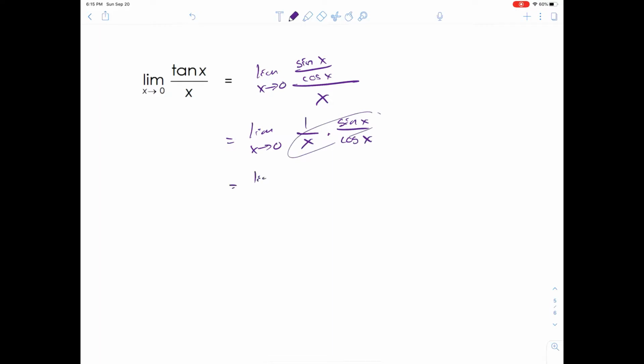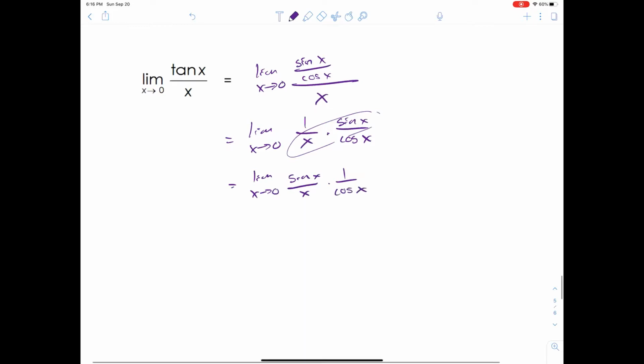So we have limit as x approaches 0 of sine x over x times 1 over cosine of x. This piece right here goes to 1. And if I do a direct evaluation, if I just plug in, well, we know this limit is 1. And if we do direct evaluation on the other thing, cosine of 0 is 1. So over here we get 1 over 1. So basically we have 1 times 1, which equals 1.